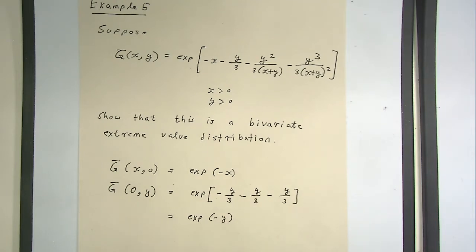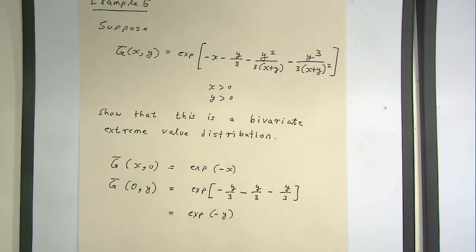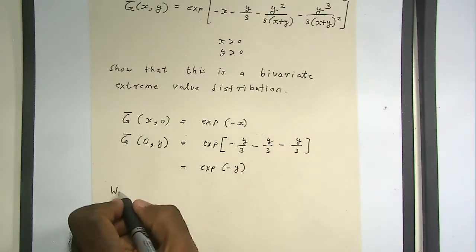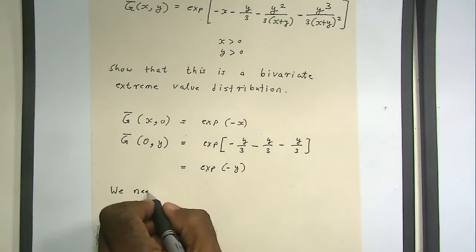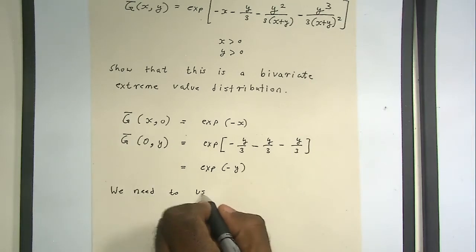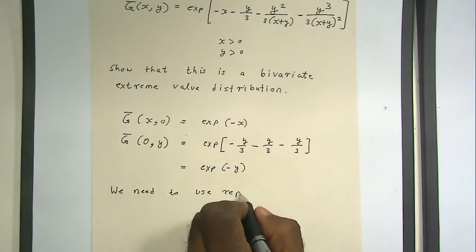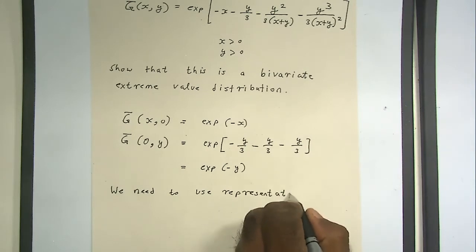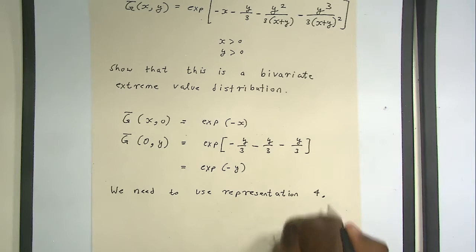So both margins are exponentially distributed. So once again, we need to use representation 4, right?